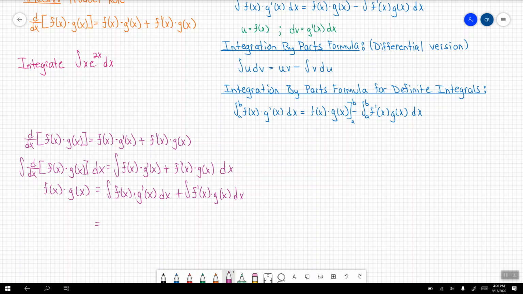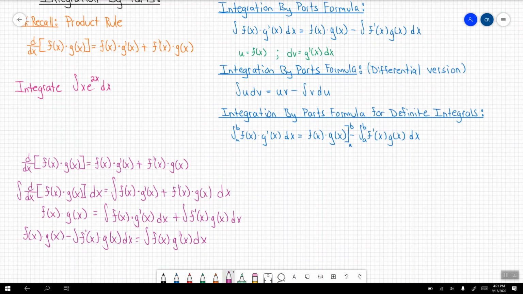And so if I isolate this very first function here, so let's say that I have f of x times g of x minus the second term, which is the integral of f prime of x times g of x dx, this is going to equal the integral of f of x times g prime of x dx, as such. And if you notice, this is your actual integration by parts formula, the one that we have listed at the top right-hand side of your screen.